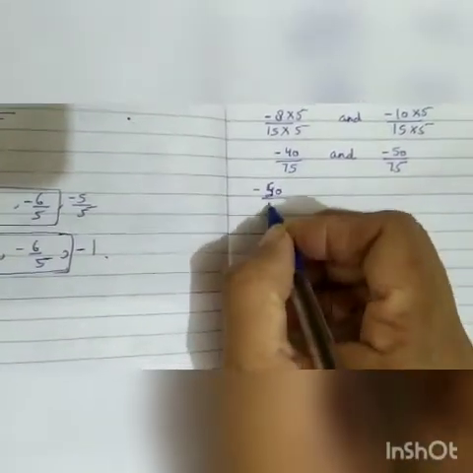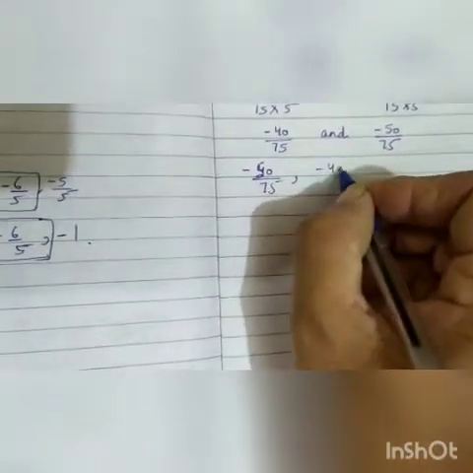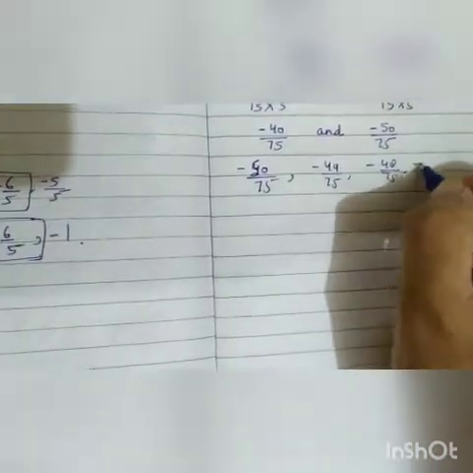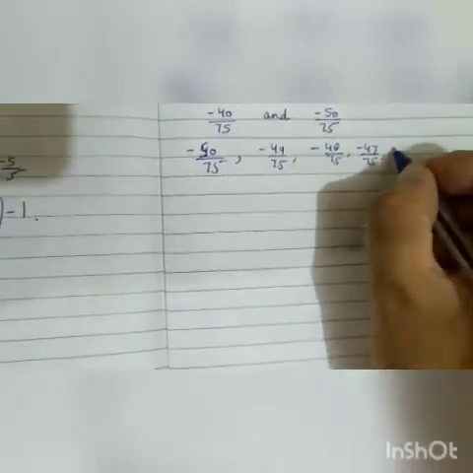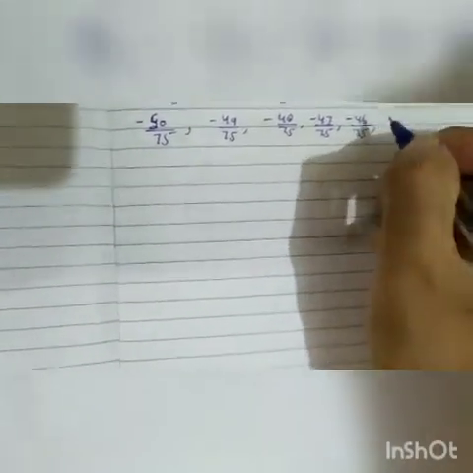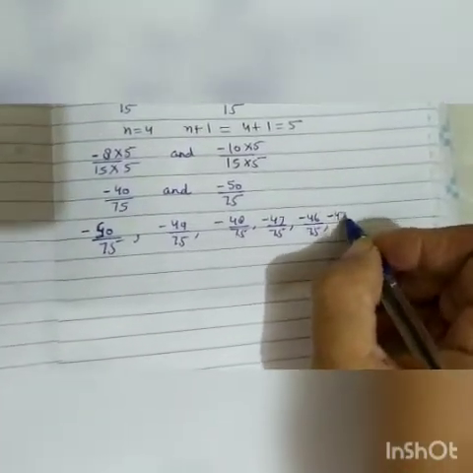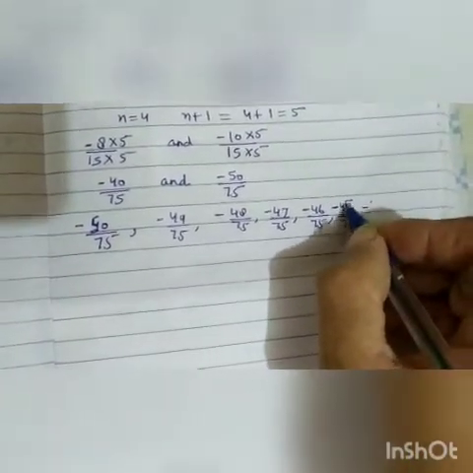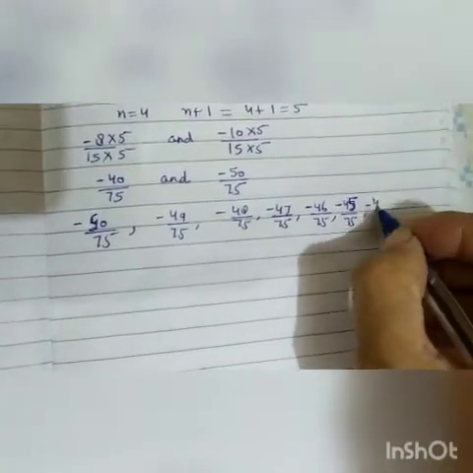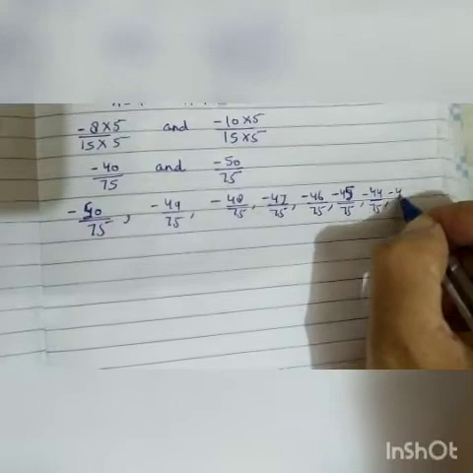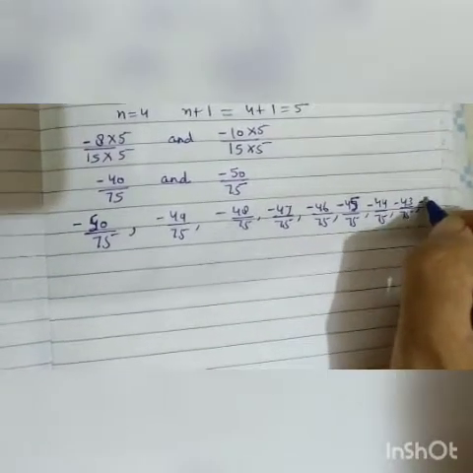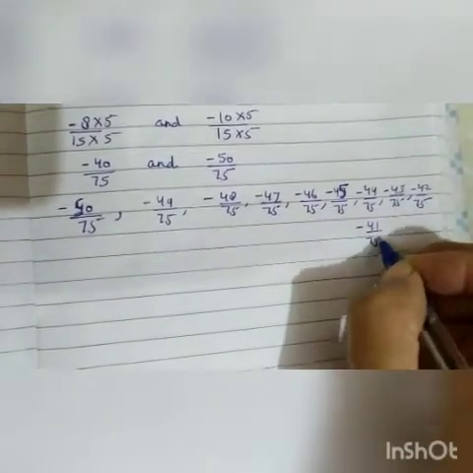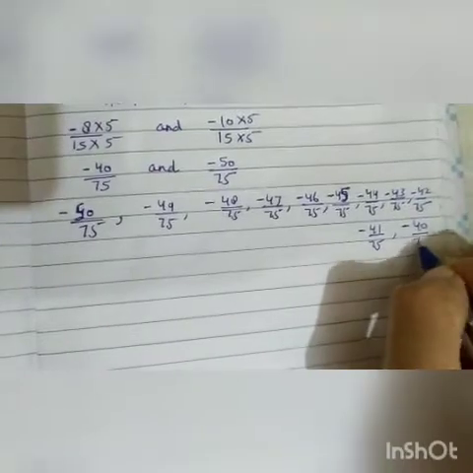Minus 50 upon 75, then minus 49 upon 75, minus 48 upon 75, minus 47 upon 75, minus 46 upon 75, minus 45, minus 44 upon 75, minus 43 upon 75, minus 42 upon 75, minus 41 upon 75, and minus 40 upon 75.